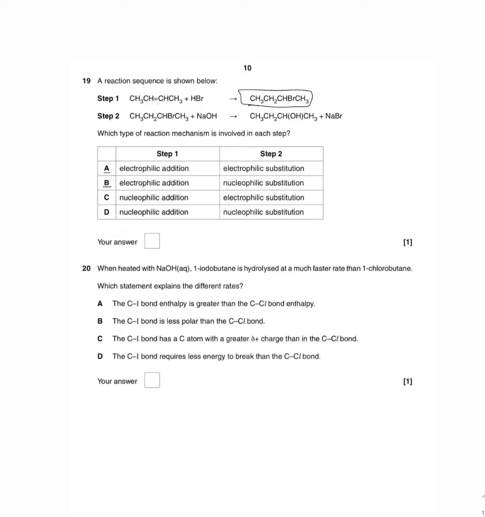Now with step 2, you have a substitution going on, with the Br coming out and the OH coming in. If we were to draw this out, you have a H and you have a Br. The Br would pull the electrons, so it's slightly negative, the carbon would be slightly positive, and the sodium hydroxide, the OH minus, would come in.